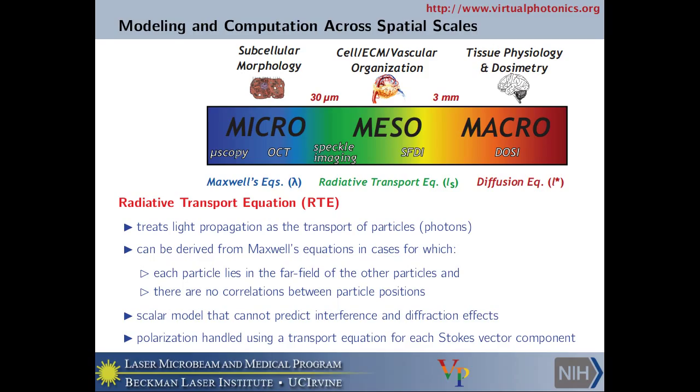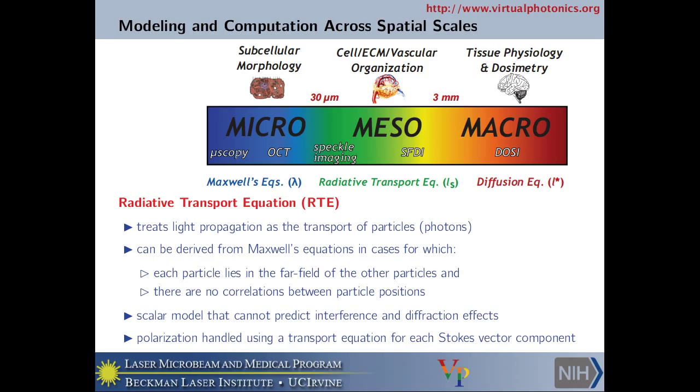And the reason why we have to assume that there are no correlations in particle positions is that if you had an ordered media with, say, repetition on a spatial scale comparable to a wavelength of light, you can actually sustain resonant wave propagation and sustain interference, which cannot be modeled within a radiative transport context. So this is a scalar model, not a wave vector model or vector propagation model, that really cannot predict interference or diffraction effects. Yet one can modify it to handle polarization.